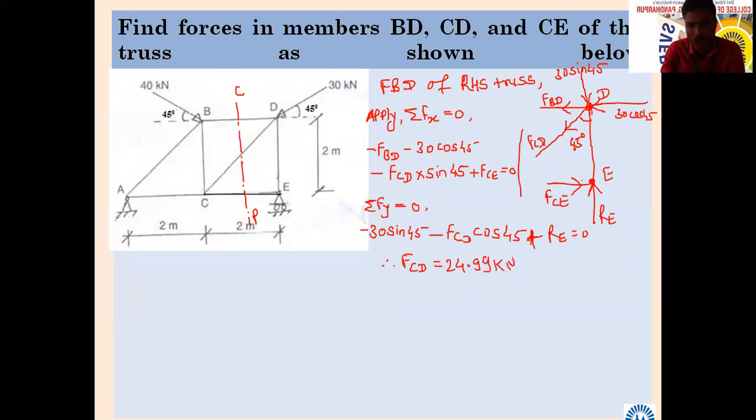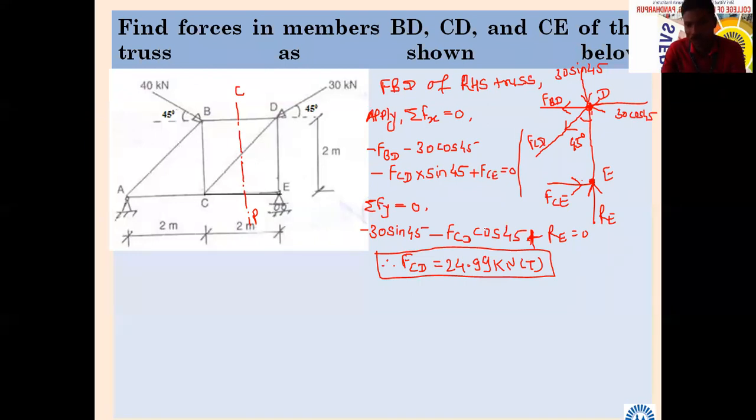How have we assumed this FCD? Tensile. Tensile means it is tensile only. Why? Because its answer is plus. We got that FCD, 25 kilonewton or 24.99.